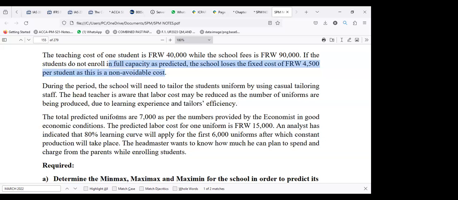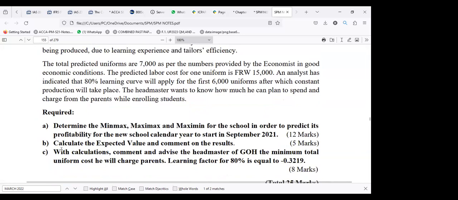The headmaster wants to know how much he can plan to spend and charge the parents while enrolling the students. So with the calculations, comment and advise the headmaster of GOH on the minimum total cost he will charge parents.